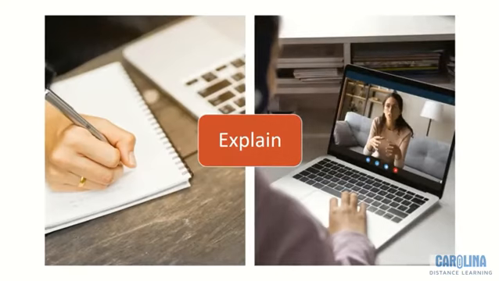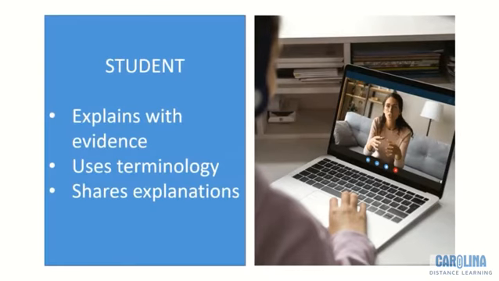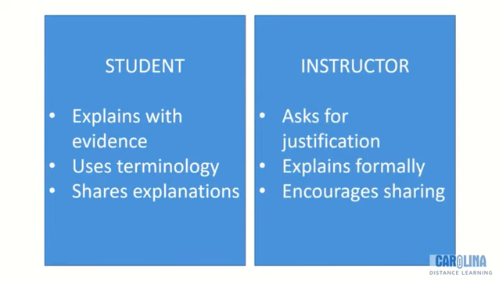The third phase is explain. The first part of this phase involves students sharing their initial explanations from experiences in the engage and explore phases. In the second part, instructors support student learning with a more formal explanation of scientific concepts. Then students use this information to revise their models and explanations.